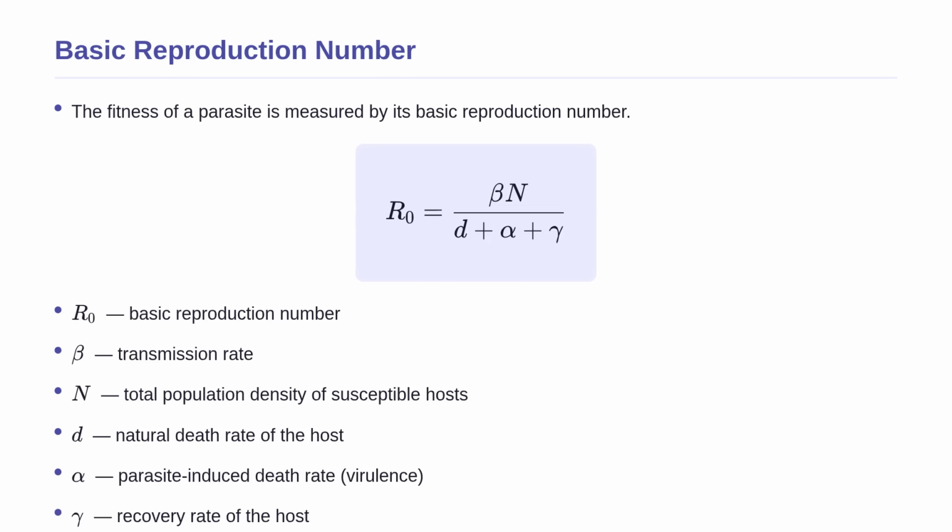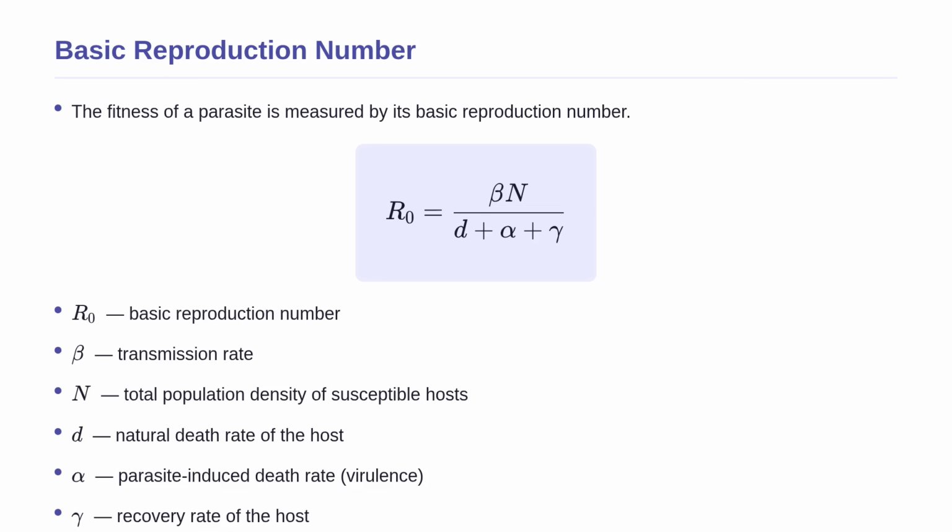To measure this fitness mathematically, we use a fundamental equation. The basic reproduction number, called R0, equals the transmission rate beta times the population density n, all divided by the sum of the natural death rate d, the virulence alpha, and the recovery rate gamma.